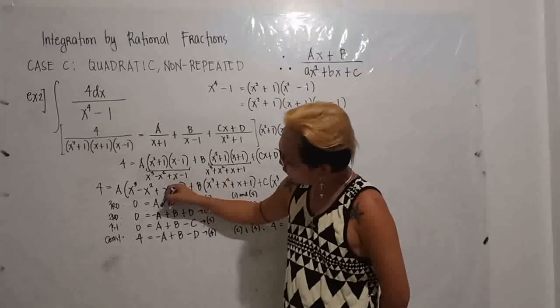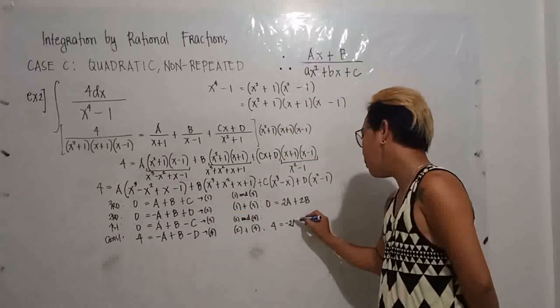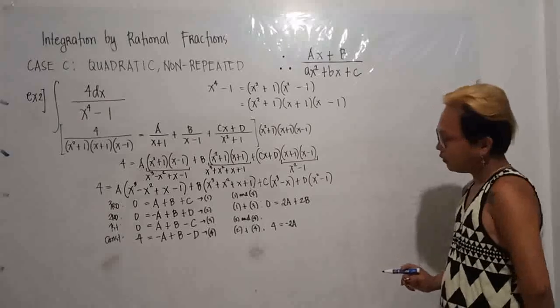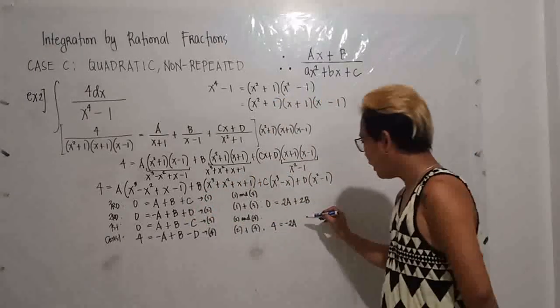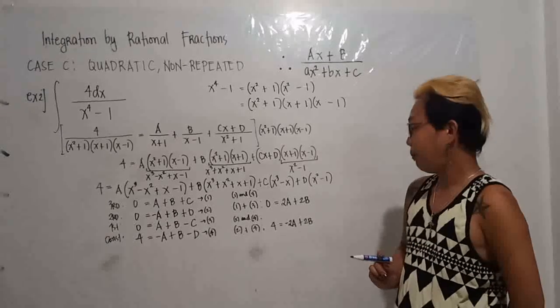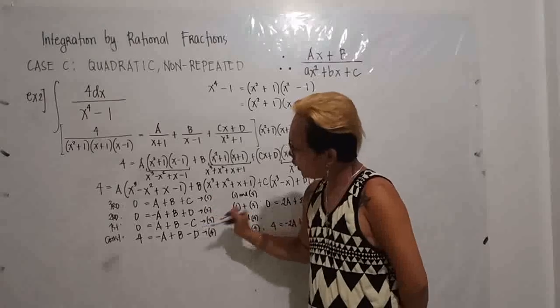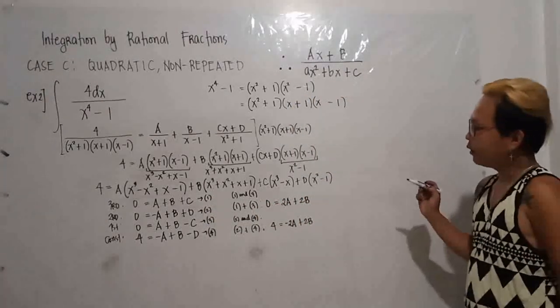Equivalent now to negative a plus negative a, that's negative 2a. Tapos, b plus b, that is plus 2b. Then, positive d plus negative d, that is 0.